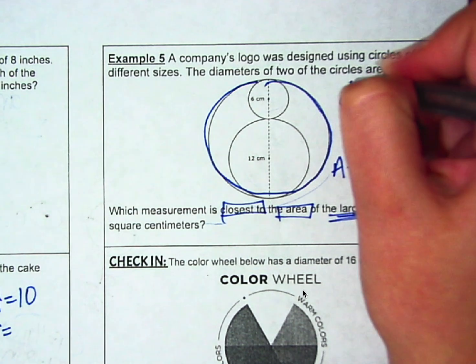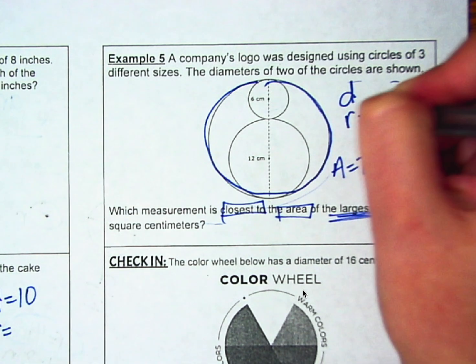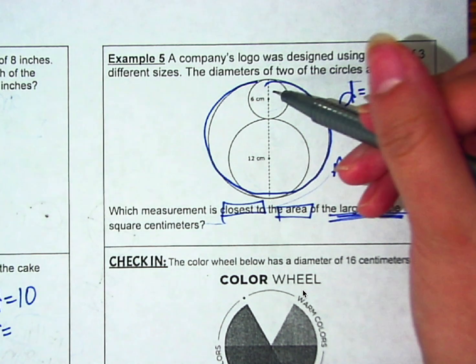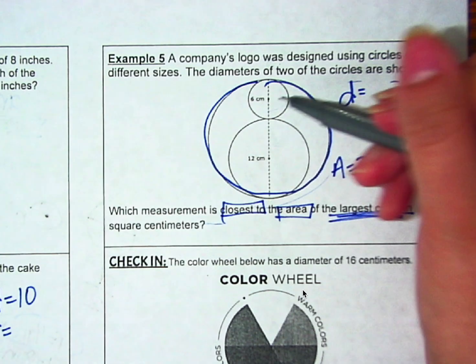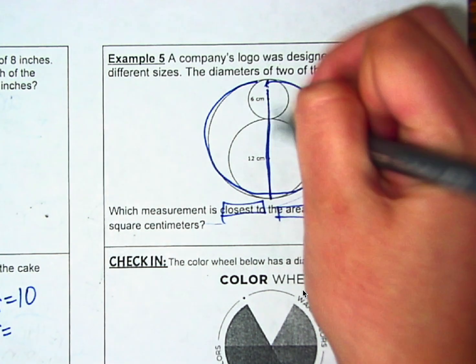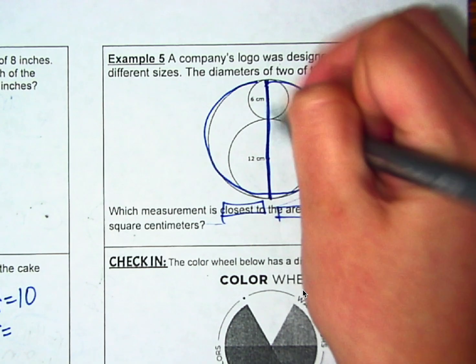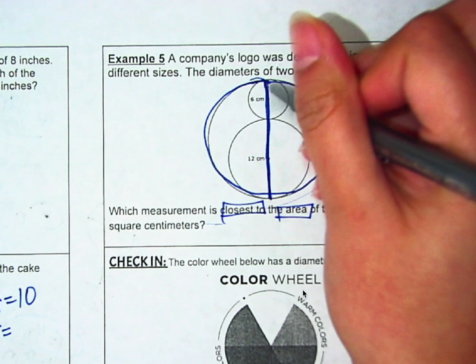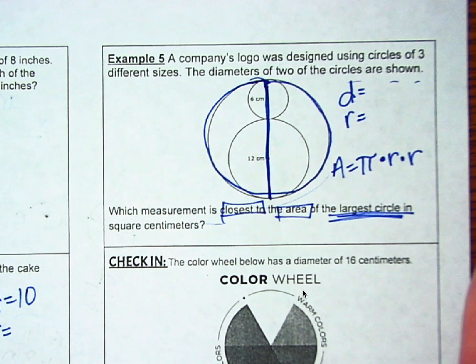I know they're looking for the biggest circle. So I gotta find the diameter and radius of the biggest circle. Well, if you look at this, we see that they give us 2 little circles, but that line goes all the way down. So that should tell you that the biggest circle has a diameter. But how are we going to get to the diameter? Think about that for a second.